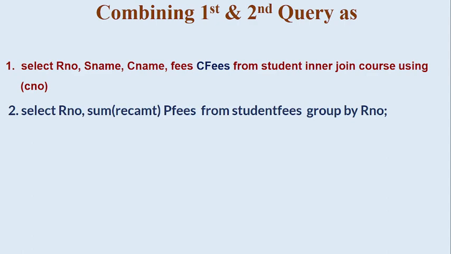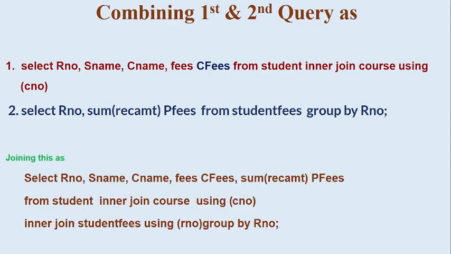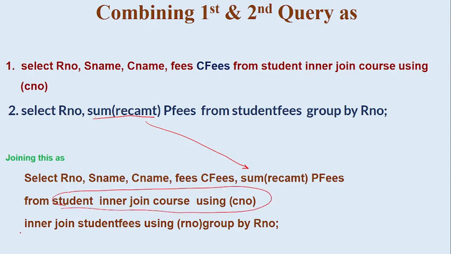To combine these two queries, we can write the third query as select RNO, SNAME, student fees, and this student fees I am considering here. Then from student inner join course using RNO, this is the first part, the first query, and to this I am now joining this third part.